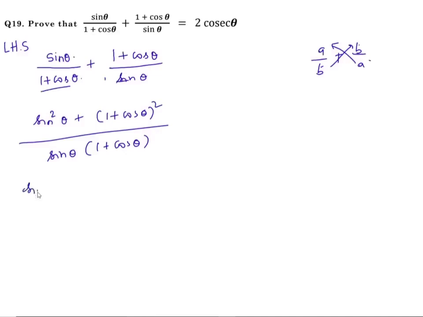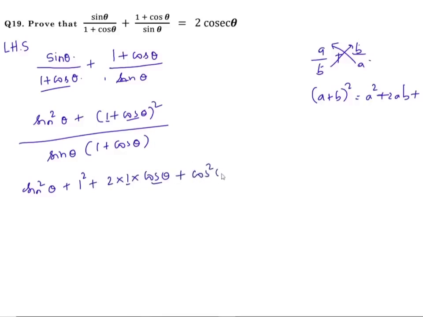Now sin square theta, it is of the form what? It is a plus b whole square, that is a square plus 2ab plus b square. What I get is, in place of a I have 1, in place of b I have cos theta, that is 1 square plus 2 into 1 into cos theta, that is 2ab, plus b square is cos square theta, whole divided by sin theta into 1 plus cos theta.